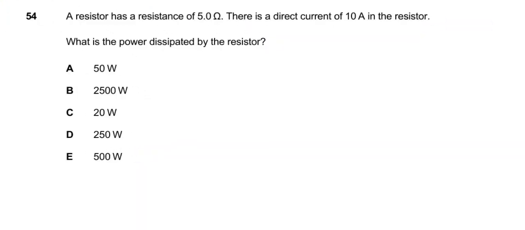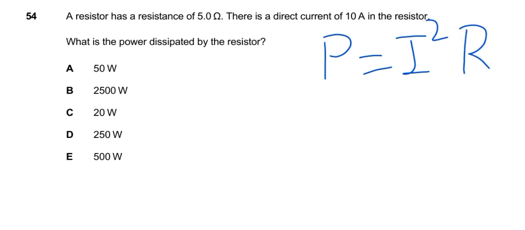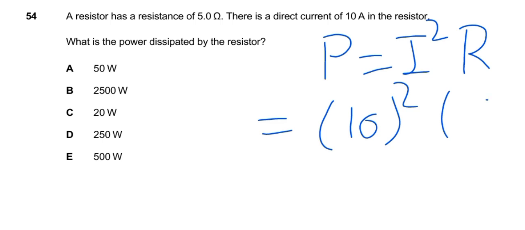A resistor has a resistance of 5 ohm. There is a direct current of 10 ampere in the resistance. What is the power dissipated by the resistor? As we know, the formula of power is P is equal to I squared multiplied by R. So I is equal to 10 squared multiplied by R, whose value is 5 ohm.